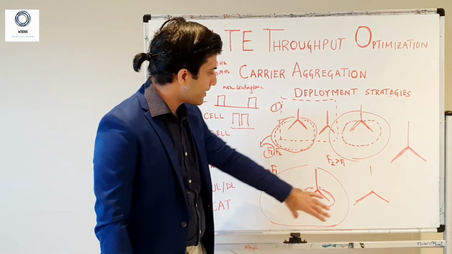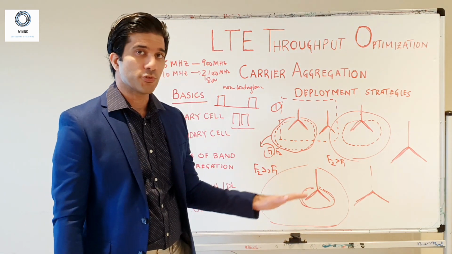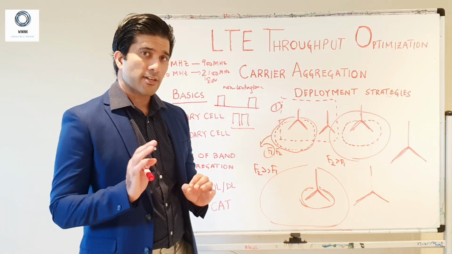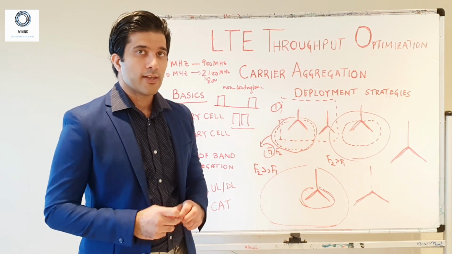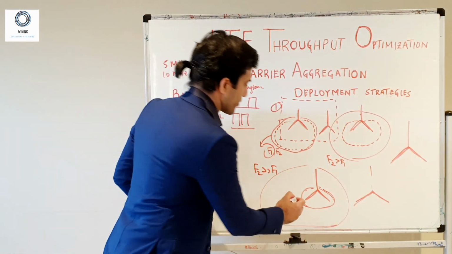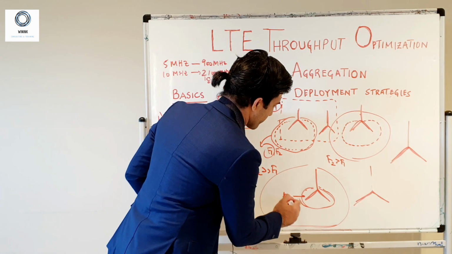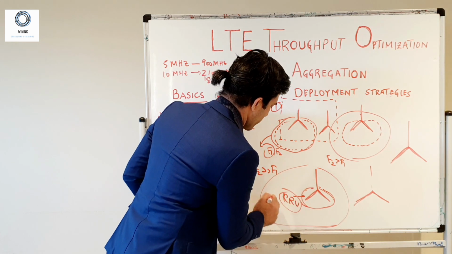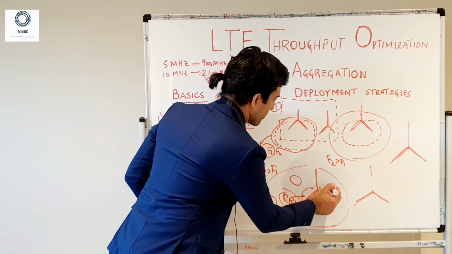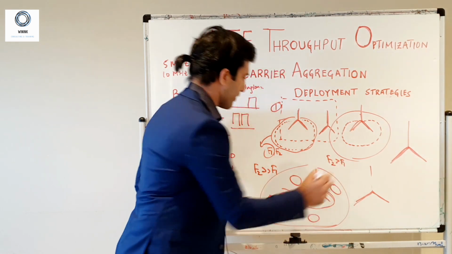So this whole thing is basically used to target your hotspot areas to provide extensive capacity, and in that case usually this will be through an RRU. So you can have an RRU here, you can have an RRU here, you can have an RRU here, you can have an RRU here.